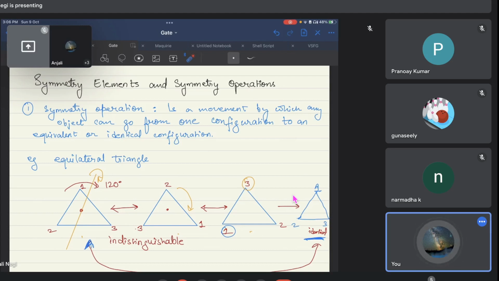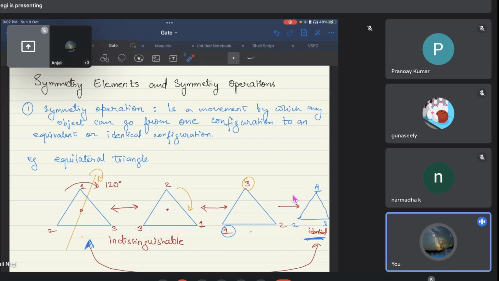And I have discussed the equilateral triangle, for example, where I have tagged 1, 2 and 3 to the sides of the triangle. The yellow axis is passing through the center, going above and below the plane of the equilateral triangle, and it gives me a 120-degree rotation. The 120-degree rotation will move my 1 to the 3 position and my 3 to the 2 position, such that I get a configuration which is indistinguishable from the first one.